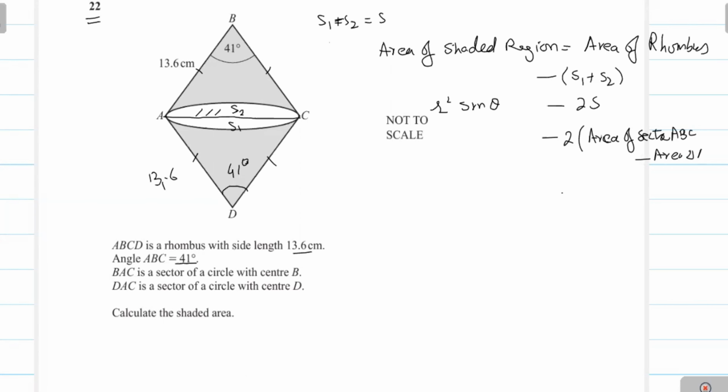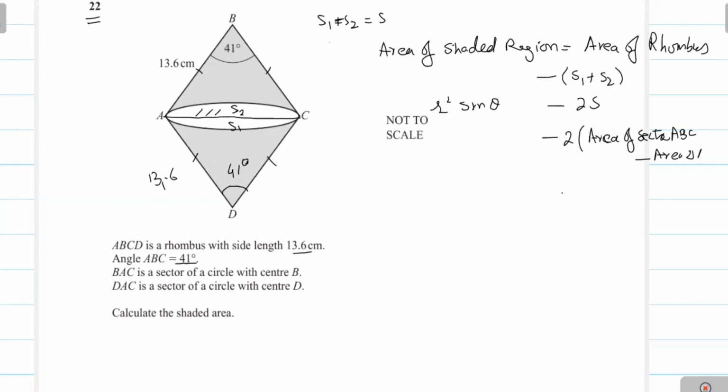sector ABC. We write the area of sector ABC minus the triangle, which is 1 over 2 r square sine theta. Therefore, we can write it as 2 r square sine theta minus 2 times the area of sector, which is x degree over 360 multiplied by pi r square.